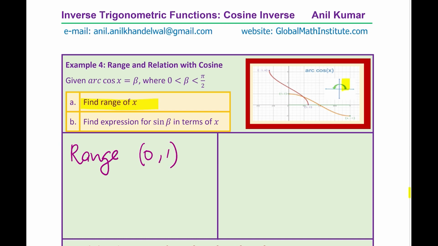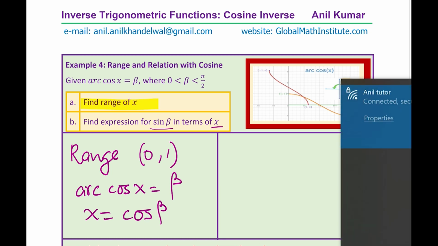Part B is find an expression for sine beta in terms of x. So look here, we're given arc cos x equals beta. That basically means that x equals cos beta, correct?